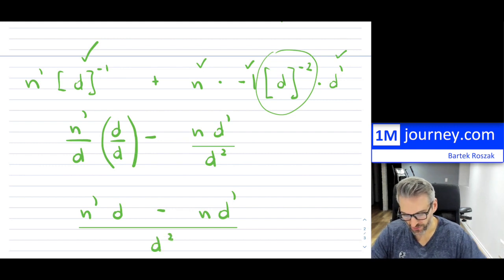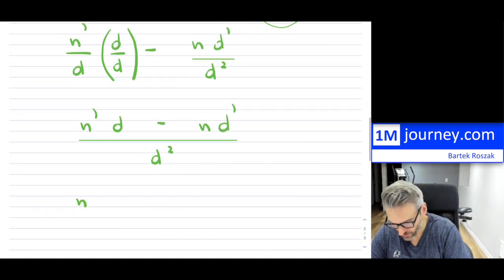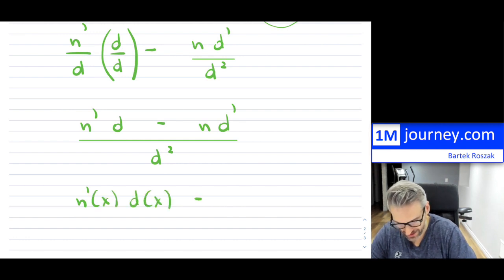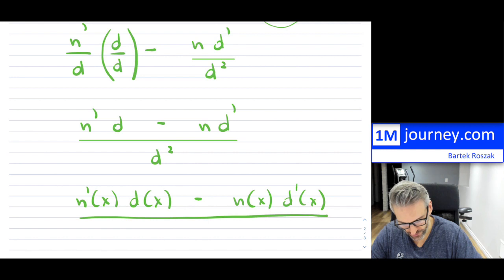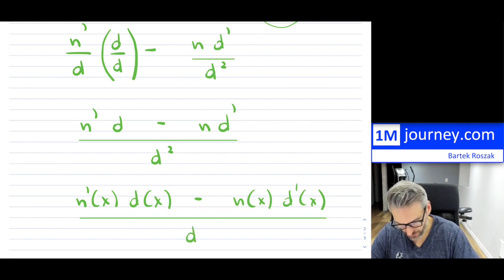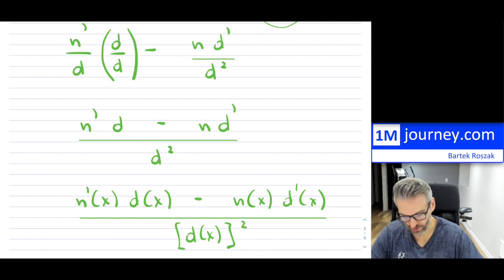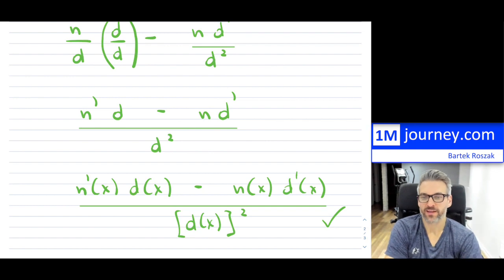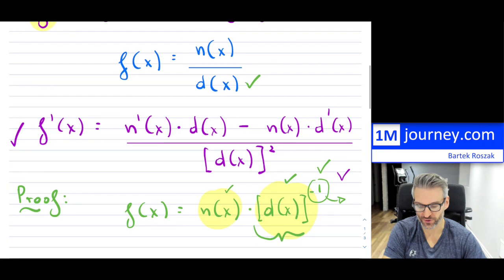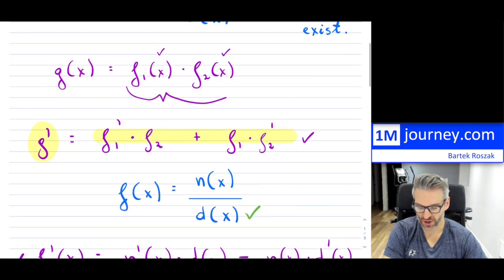And now you can fill in with the actual variable x and you will get exactly what you were looking for. So there you have it. That is the proof of the quotient rule for us. There we go. This is what it would be. And now we just have to apply it whenever we want. But that is the actual proof that you have utilizing the product rule and the chain rule as well.